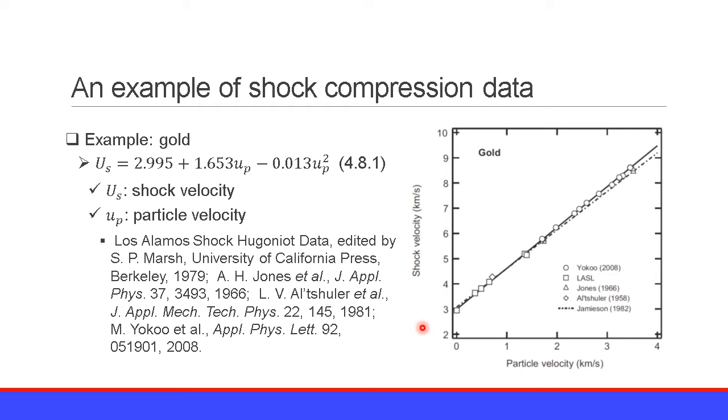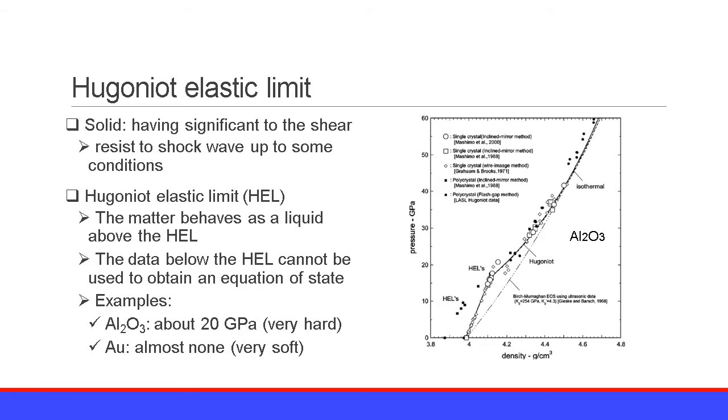So in many shock experiments, we obtain these relations to obtain the equation of state of the materials and the density and so on. Before talking about the theory of shock compression, let me talk about Hugoniot elastic limit.